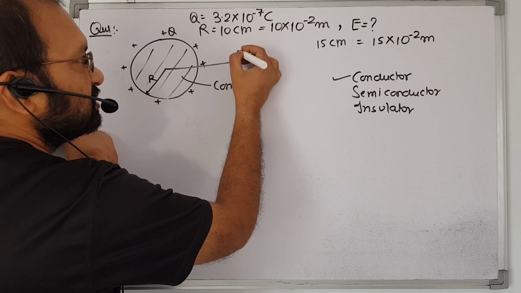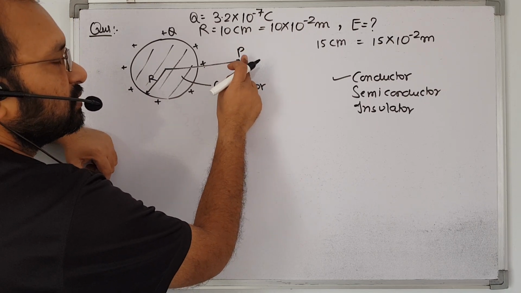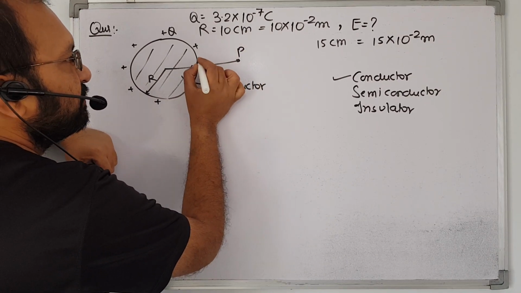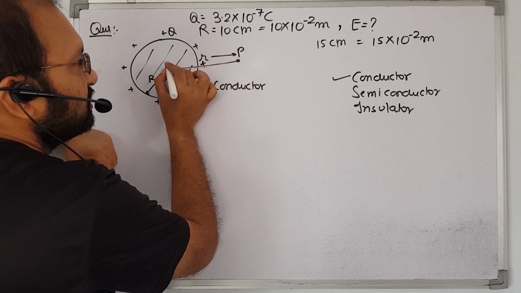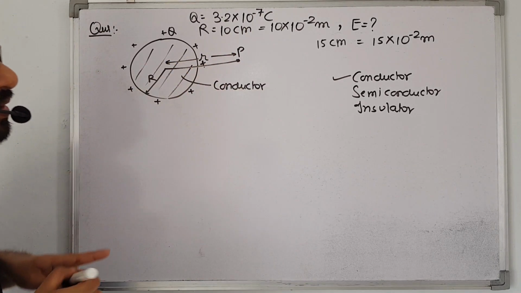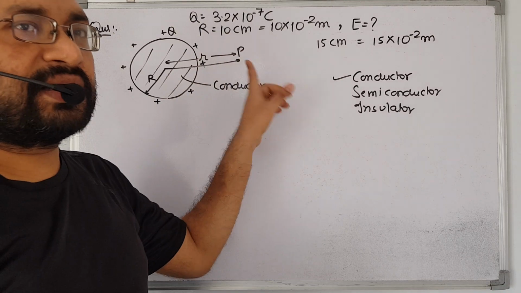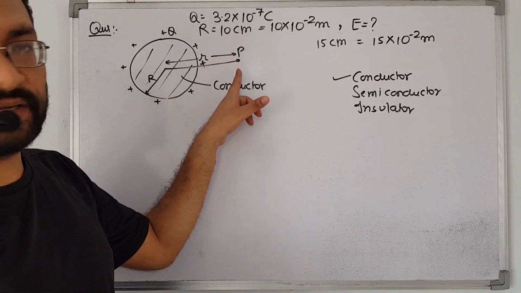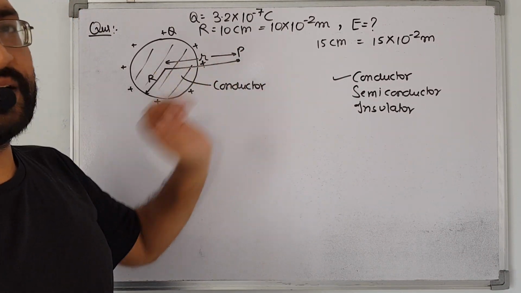Let us suppose this is point P at which we have been asked the electric field. Let us suppose this is the distance r. Note that point P is outside the conducting sphere.